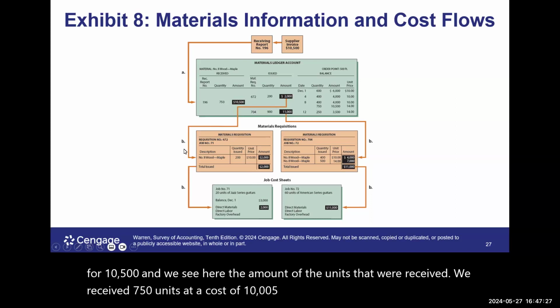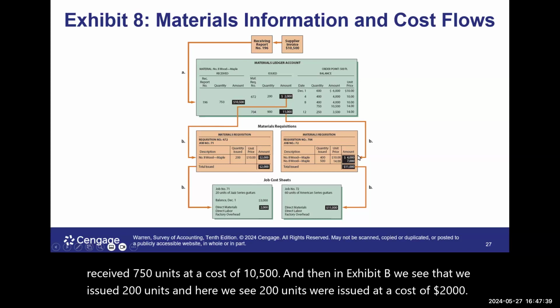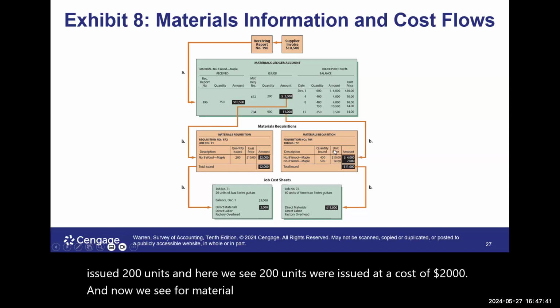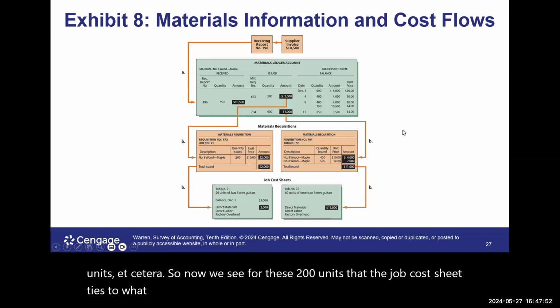And then in exhibit B, we see that we issued 200 units at a cost of $2,000. And for materials requisition B, we also see that we issued 400 units, etc. Now for these 200 units, we see that the job cost sheet ties to what was issued.